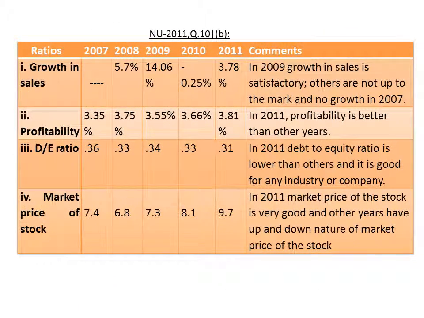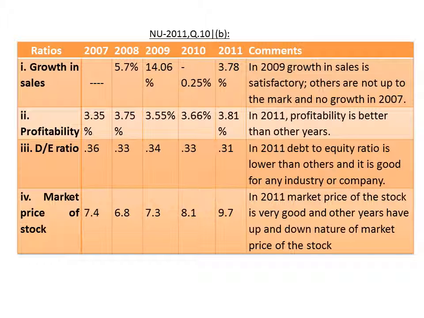National University 2011 question 10B. Here we have seen the table includes sales for different years 2007, 2008, 2009, 2010 and 2011, and net profit for all the years mentioned.